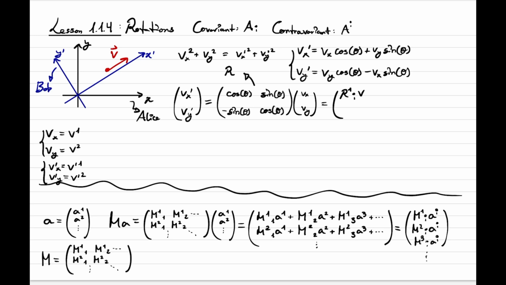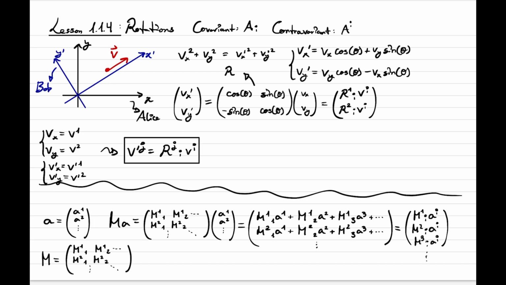So this is just R^1_i V^i, R^2_i V^i, and then with this notation we can write that V'^j equals R^j_i V^i.